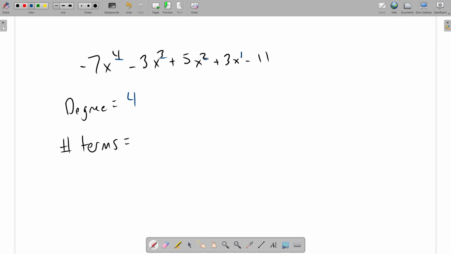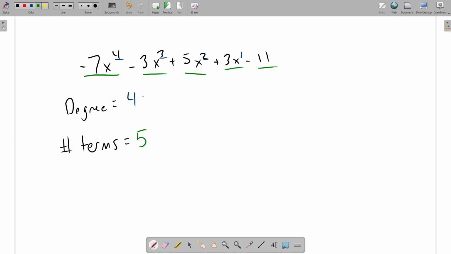How many terms are there? Remember, terms are the coefficient and the variable combined. So this negative 7x to the fourth is a term. This 3x cubed is a term. This 5x squared is a term. 3x is a term. And 11 is a term. So I have 5 terms.